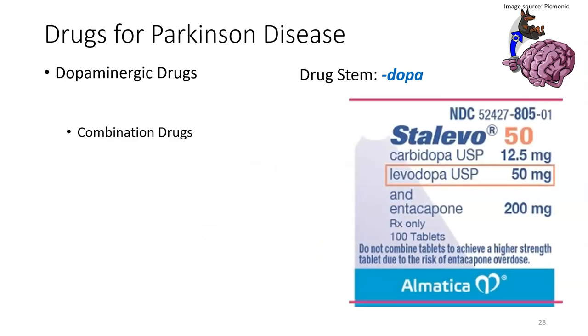Another combination drug is, I always stumble over this one, Stalevo. This has 3 drugs. It has carbidopa, levodopa, but it's also got entacapone. And I'm about to talk about entacapone, which is a COMT inhibitor. So it's got those dopaminergics, and it's got a drug that's going to increase the body's dopamine levels.